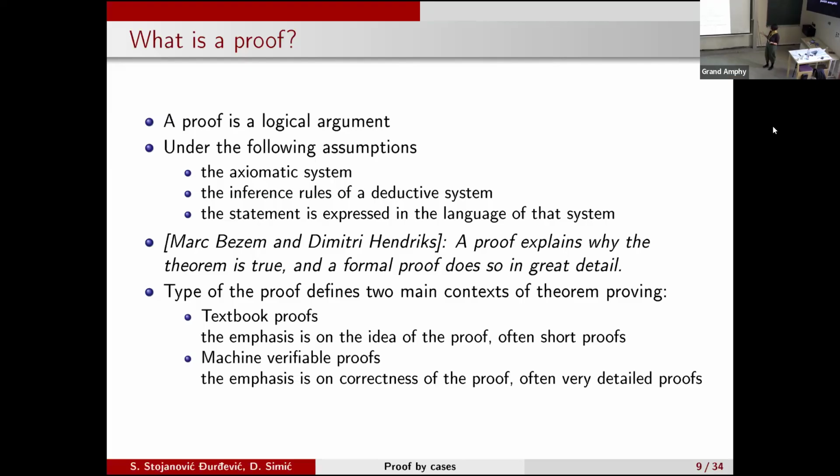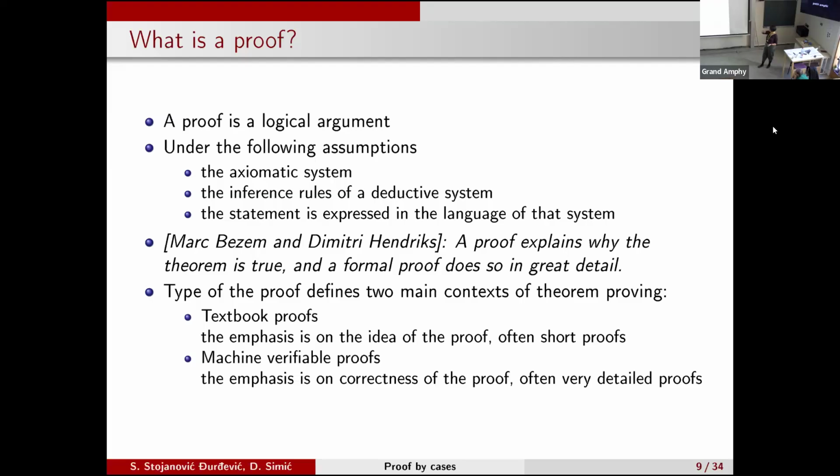We actually wanted to say that even textbook proofs, even proofs with diagrams, are still relevant proofs. Mark Bisem and Dmitry Hendricks said that for us, proofs explain why the theorem is true, and formal proofs basically do the same thing, but with a lot more details because they also need to convince the computer or the core they are based on.